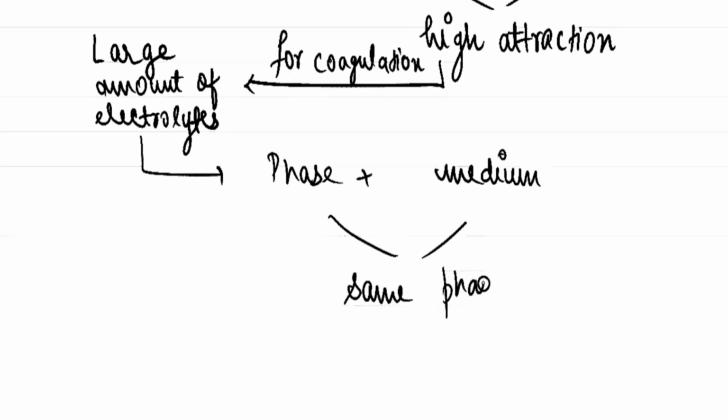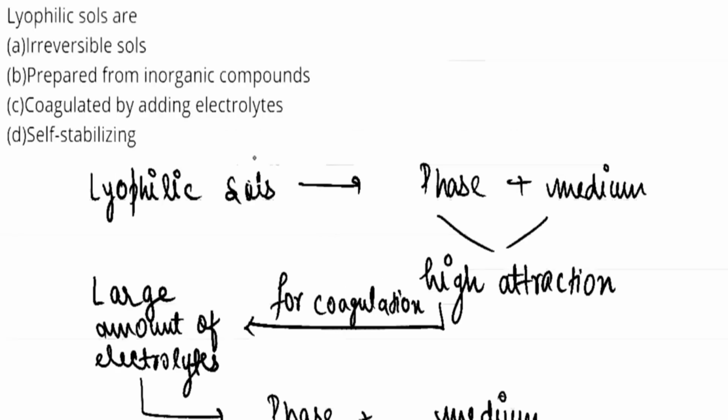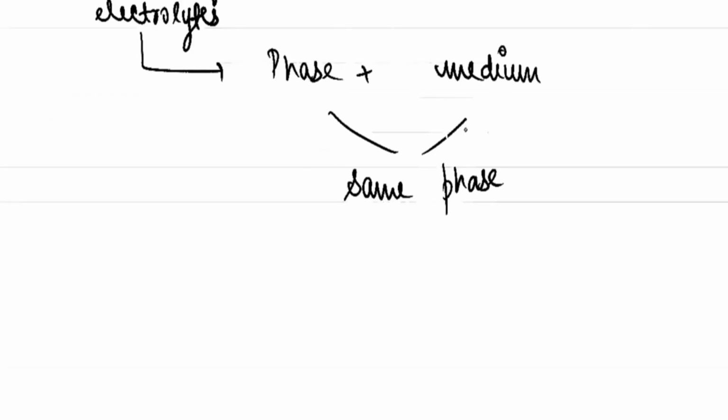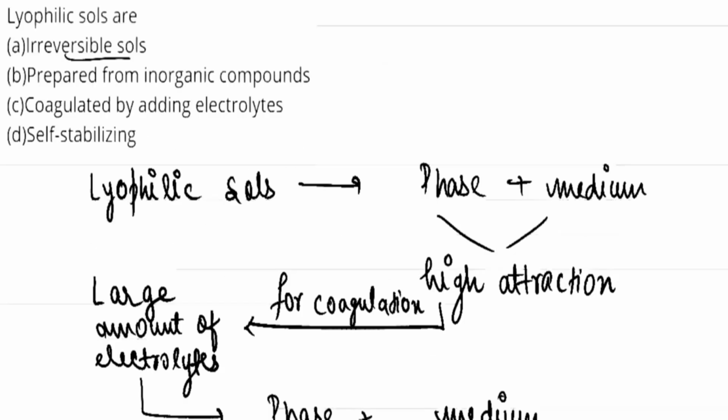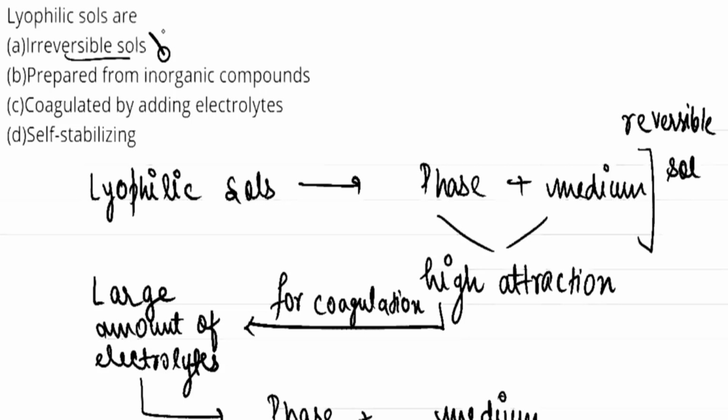So we can clearly see, for the first option, that they are not irreversible sols, because initially phase plus medium were there, and finally, after adding a large amount of electrolytes, you get the same phase and medium. Such sols are reversible sols. So the first statement is wrong because they are reversible.